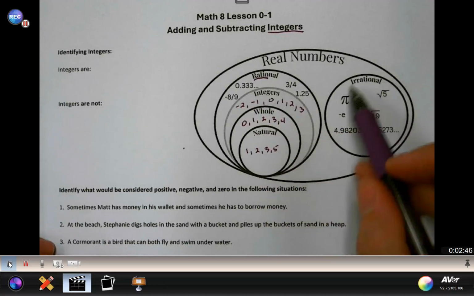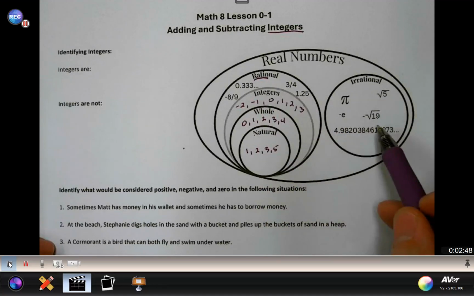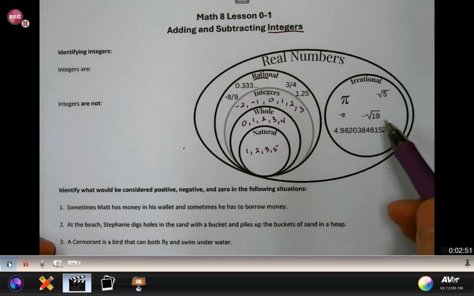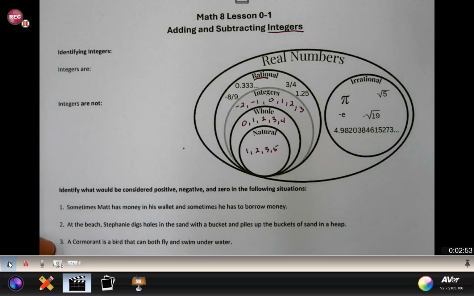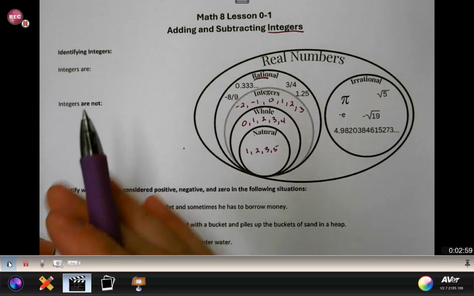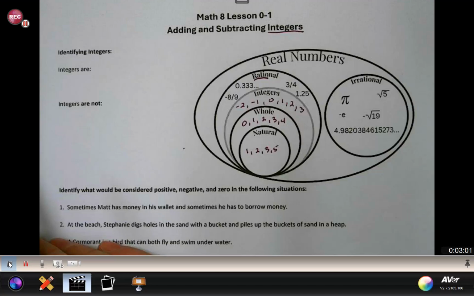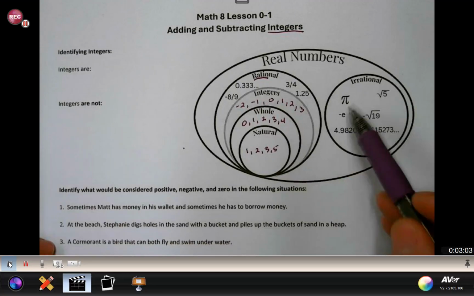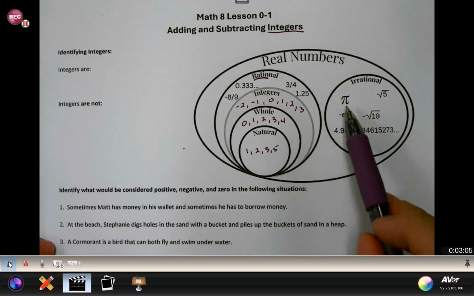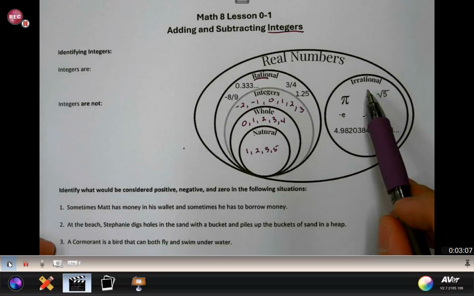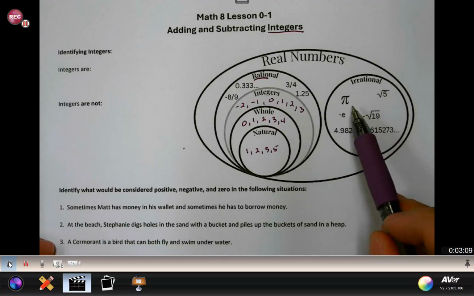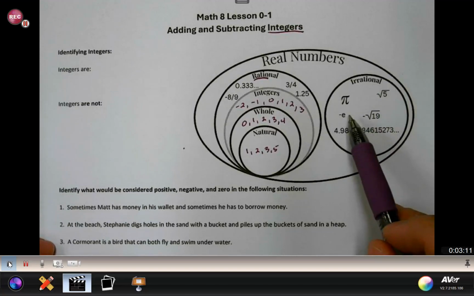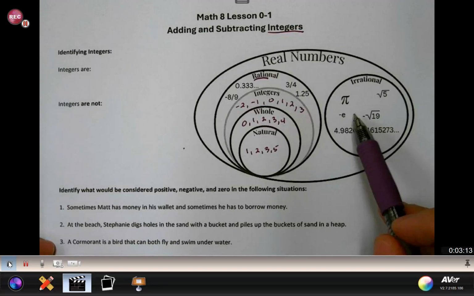And you might have been introduced to what are called irrational numbers. Irrational numbers represent numbers that are decimal numbers, but these decimal numbers go on forever and they never repeat themselves. We usually use symbols with irrational numbers because it's impossible to actually write these numbers down, because they go on forever and they never repeat themselves.